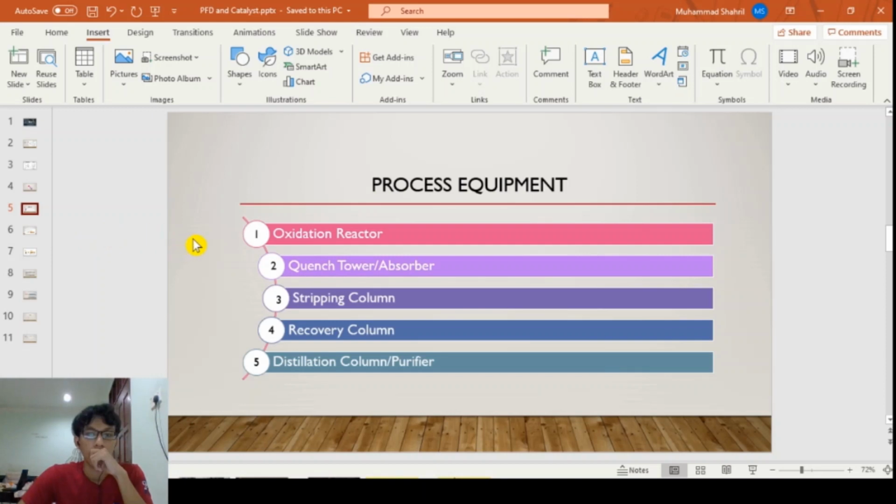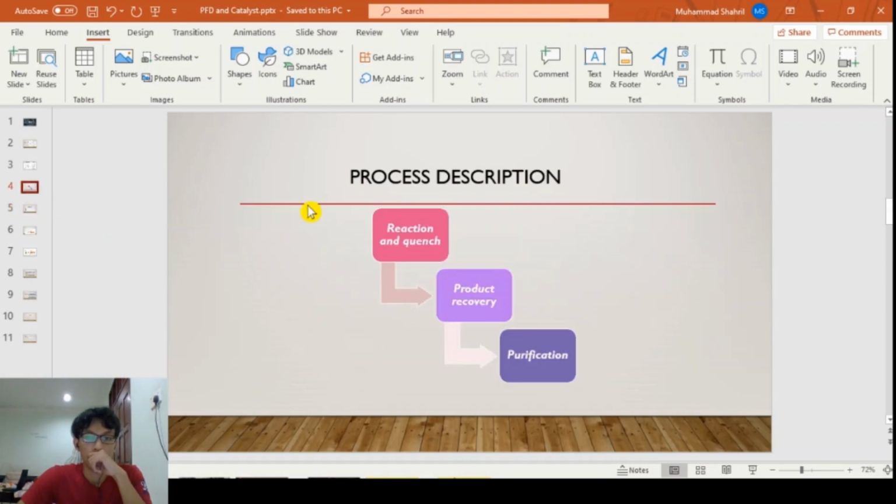Okay, firstly for the process equipment, we have five pieces of process equipment, which are the oxidation reactor, quench tower or absorber, stripping column, recovery column, and lastly the distillation column or purifier. Basically the oxidation reactor and the quench tower or absorber are in the first process description, which is reaction and quench.